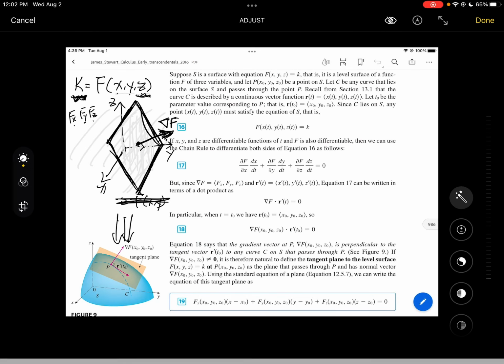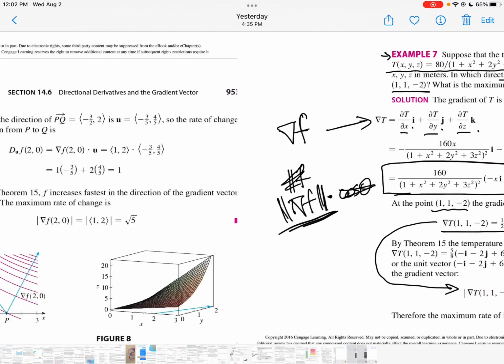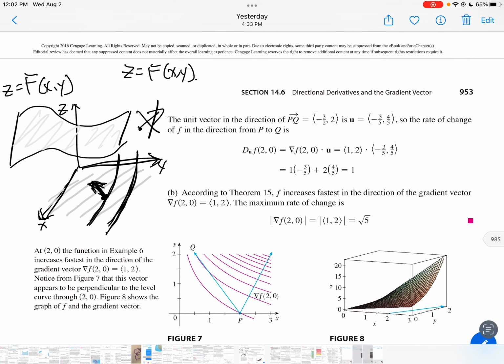Okay, so I want to reiterate that again. Let's look at this one, z equals a function of x and y, right? In this space, the response variable you can draw out in 3D space. It's a 3D shape, and the gradient vector is a vector in 2D space on the xy plane, and is perpendicular to the level curves.